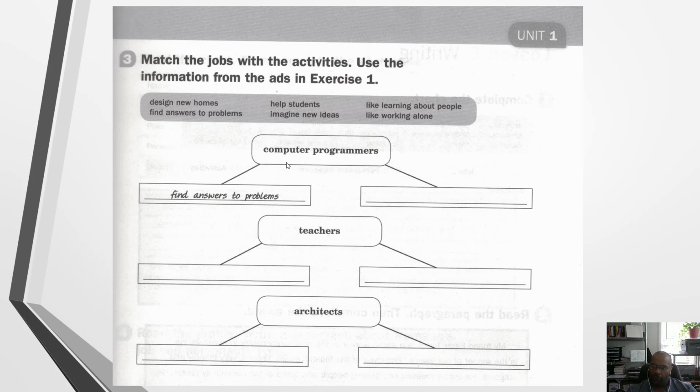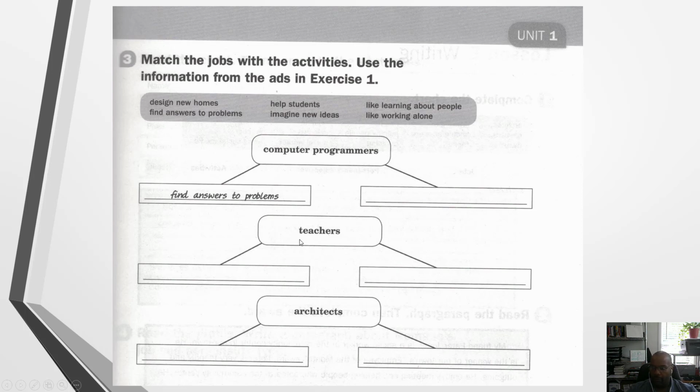Alright, so the first one is done for us. Computer programmers, right? And that's already done. Find answers to problems. Another phrase that I put down was like working alone.